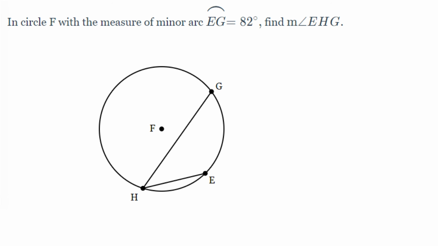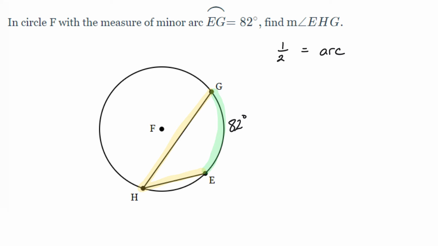Now when we have an inscribed angle like we have here, it says that the arc measurement is 82 degrees. And then we have the inscribed angle. We could really call this just H because it's the only one we have, but from G to H to E is the angle we're looking at. The relationship on an inscribed angle is that it is half of the arc that it touches.